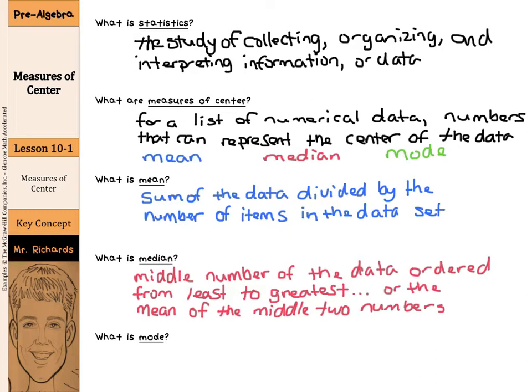You add them up and divide by 2. And lastly, to find the mode, it is the number or numbers that occur most often. Sometimes we get confused and think mode is the largest number because we hear mode, most, but it's the number that occurs the most often.